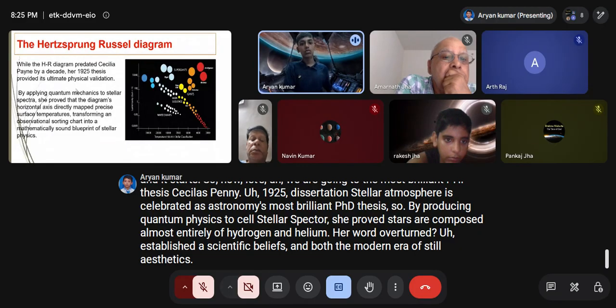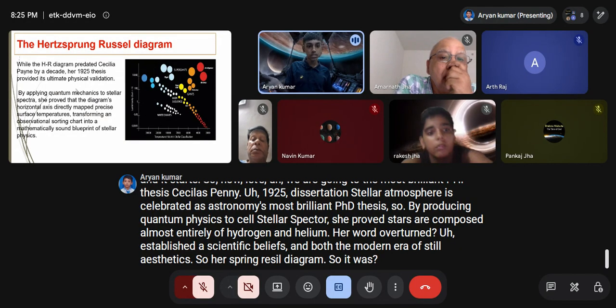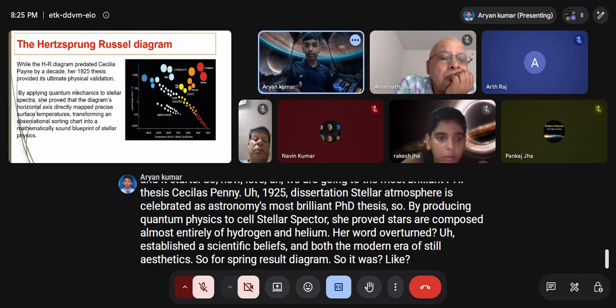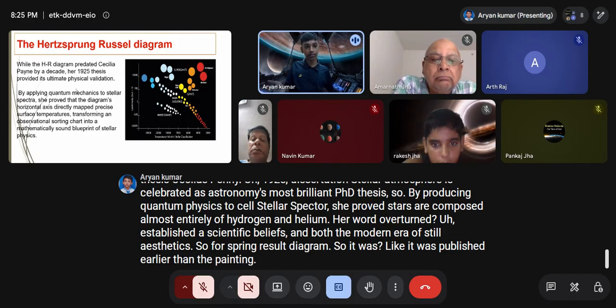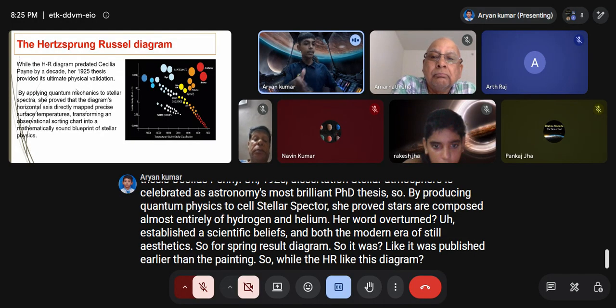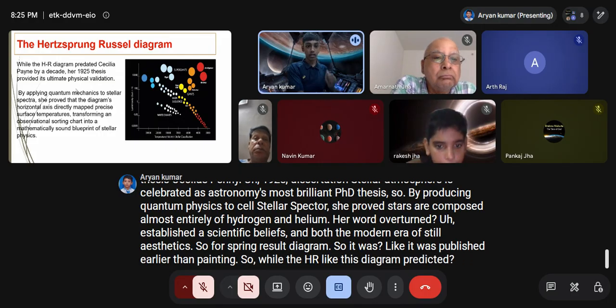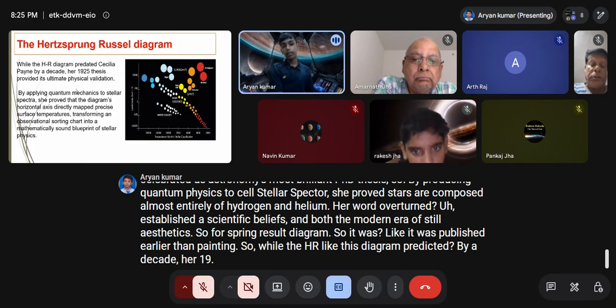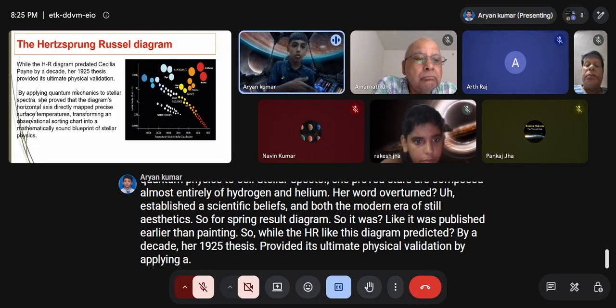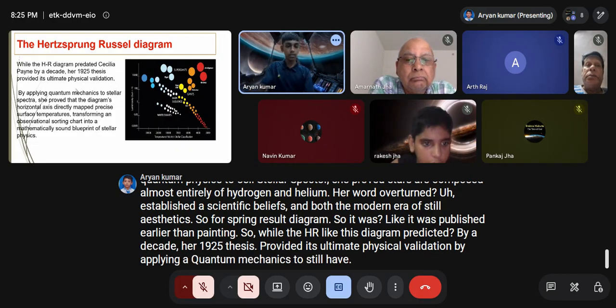So, the Hertzsprung-Russell diagram. It was published earlier than Cecilia Payne's work. While the HR diagram predated her by a decade, her 1925 thesis provided its ultimate physical validation by applying quantum mechanics to stellar spectra.